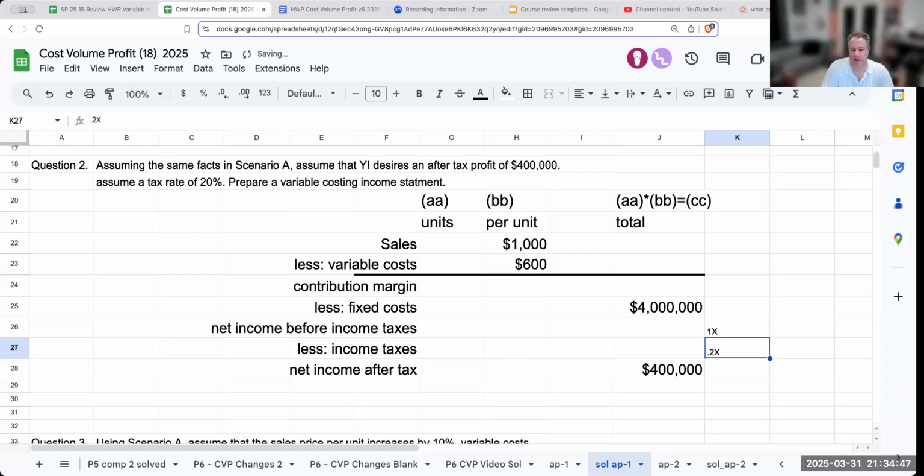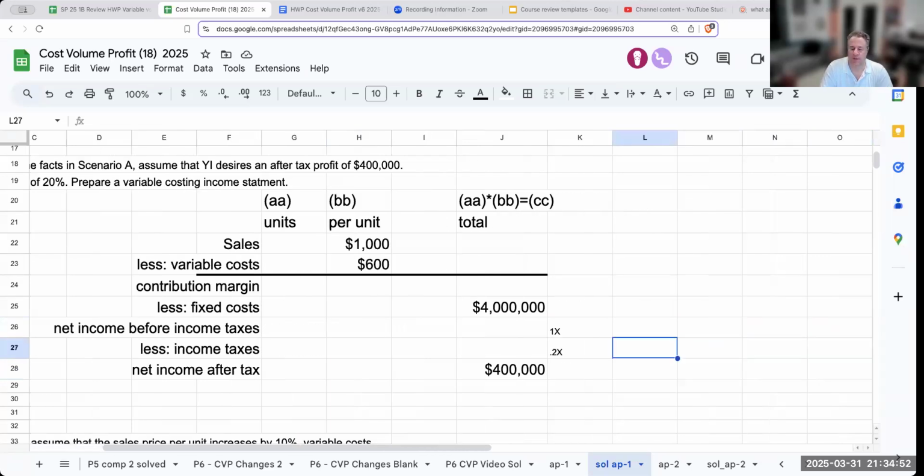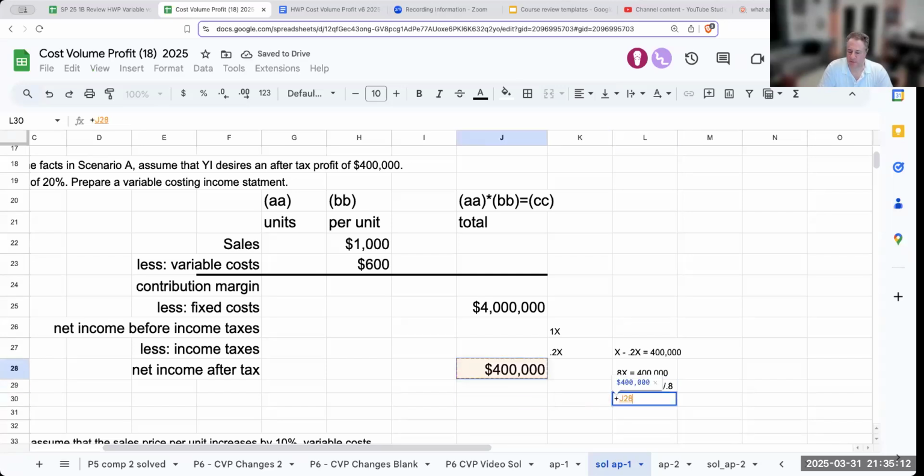So the relationship is x minus 0.2x equals 400,000. Another way of writing this is 0.8x equals 400,000. X is equal to 400,000 divided by 0.8. When I take 400,000 divided by 0.8, I get $500,000.